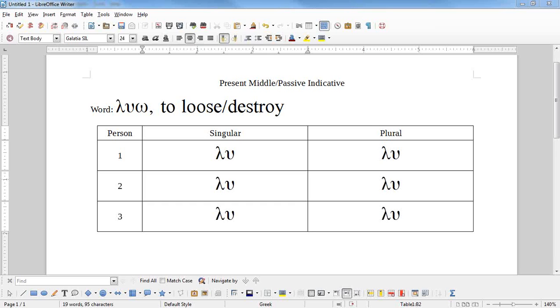Then I'm going to go through each and every form. For the present middle passive indicative, first person singular, it is omicron, mu, alpha, iota. Those are in English, so I apologize for that.